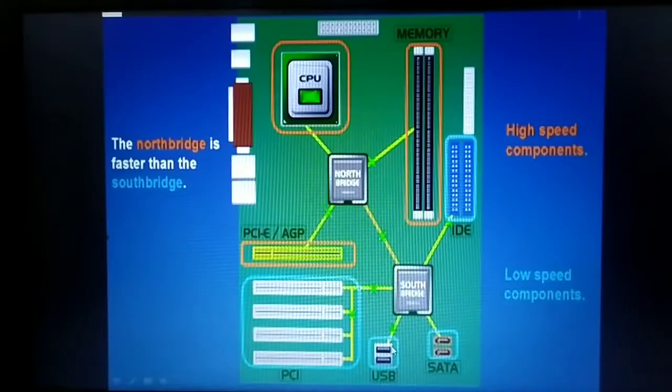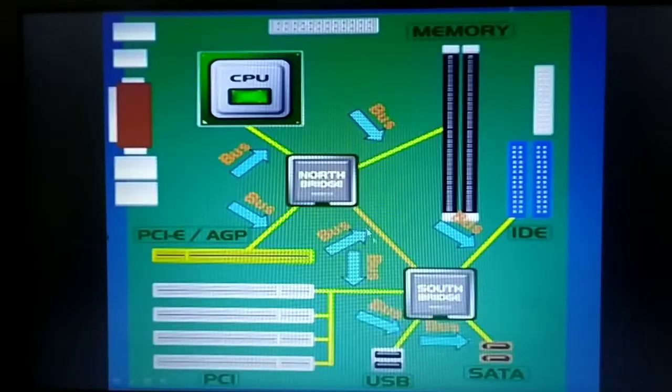Understood? The north bridge and south bridge make use of the bus, which ensures the data movement back and forth between the components and provides the maximum data transfer speed between the CPU and the RAM. They use a pathway known as the bus to transfer data between them.